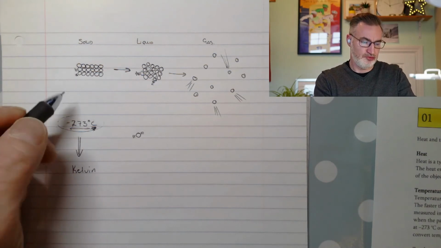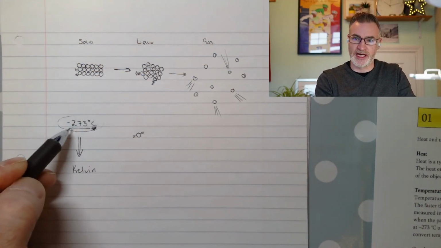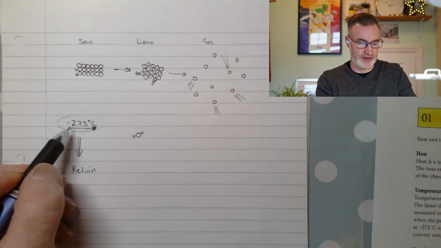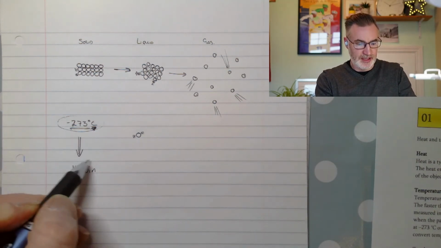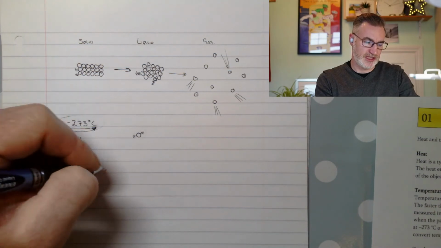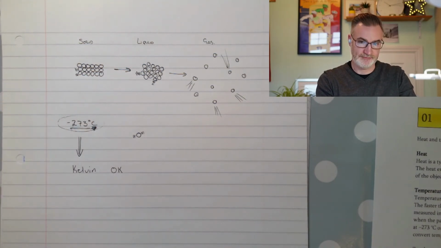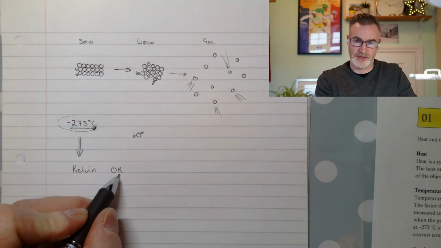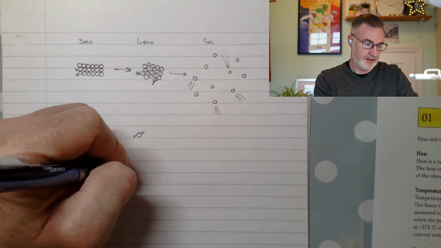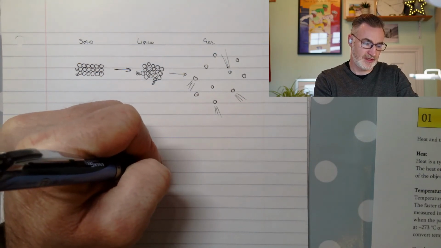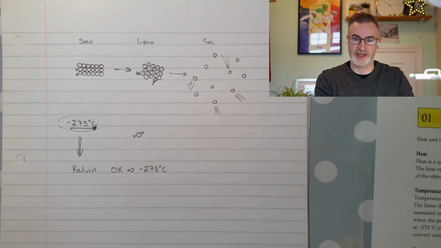Because this is the coldest you can get, and you'll find out why we do this a bit later on, we say that 0 Kelvin, so 0K, which is the unit for Kelvin, is equal to minus 273 degrees centigrade.